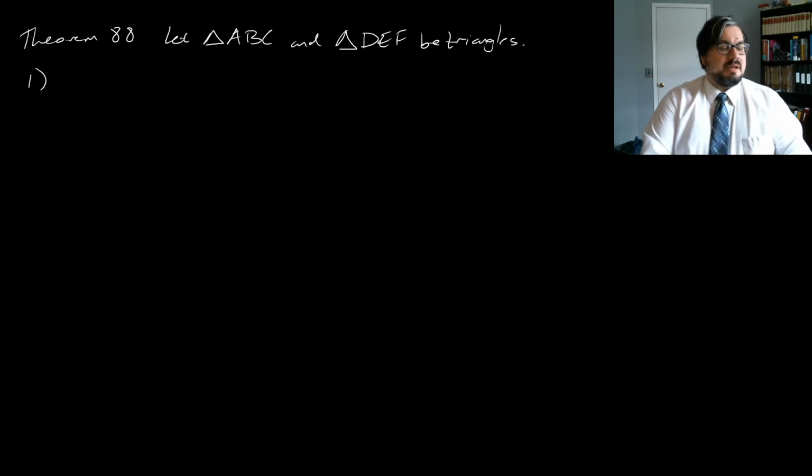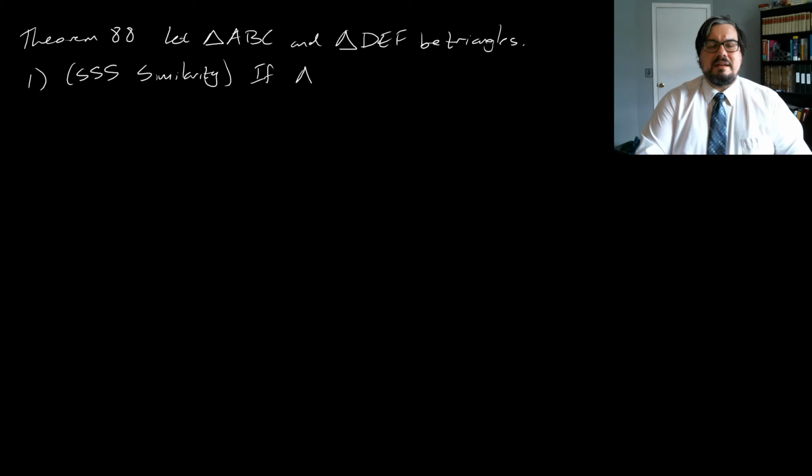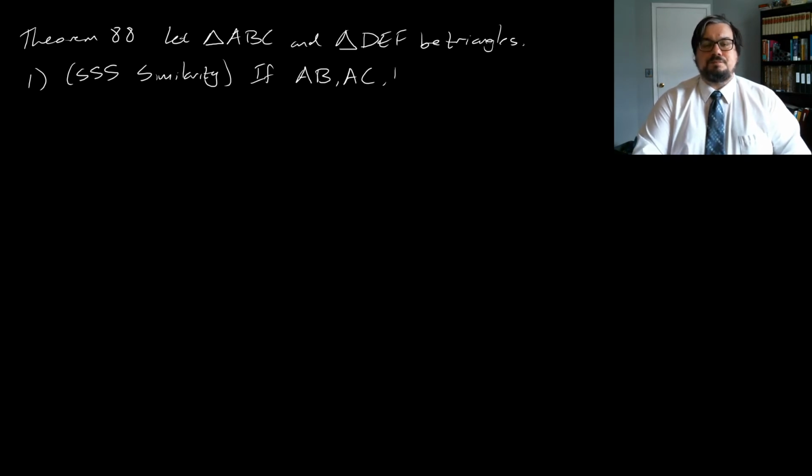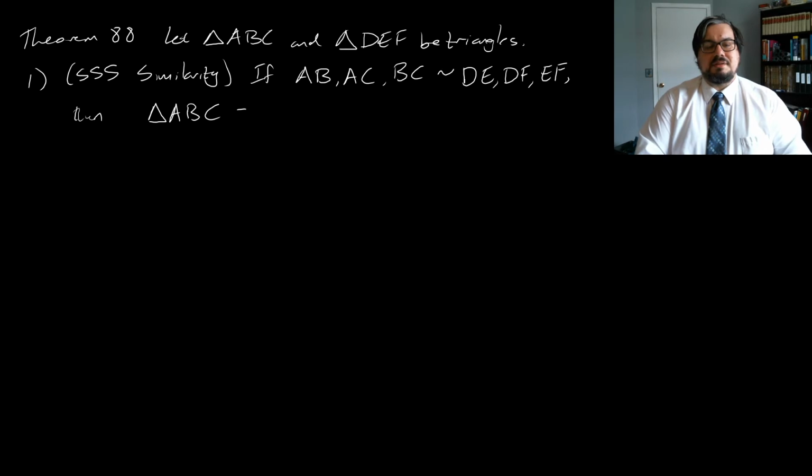Part 1, which I call side-side-side similarity, says that if we know the condition on side lengths, if we know that the sequence AB, AC, BC is proportional to the sequence DE, DF, and EF, then that means that triangle ABC is similar to triangle DEF.